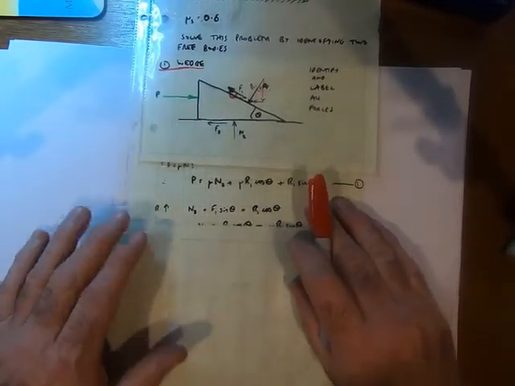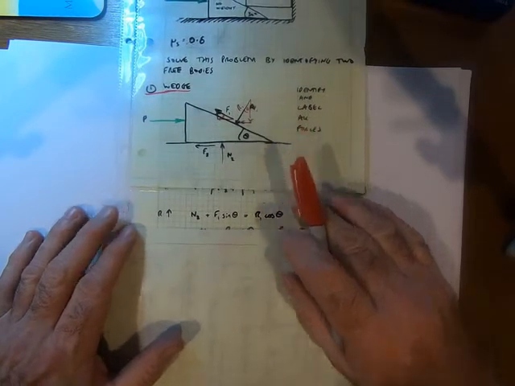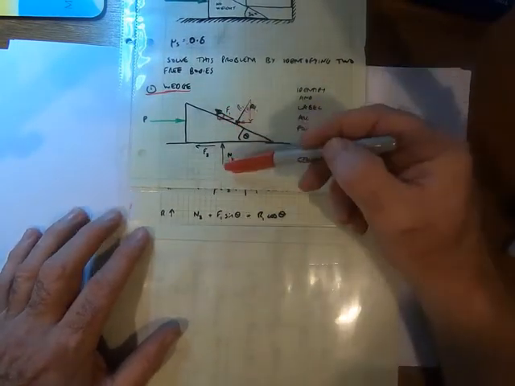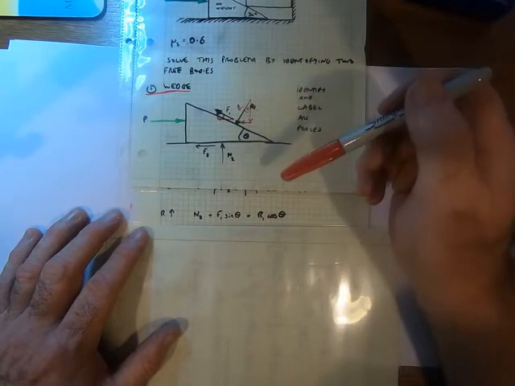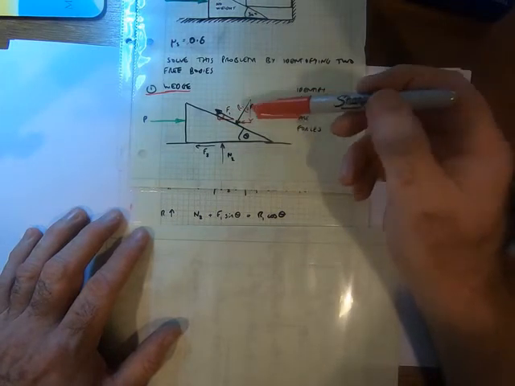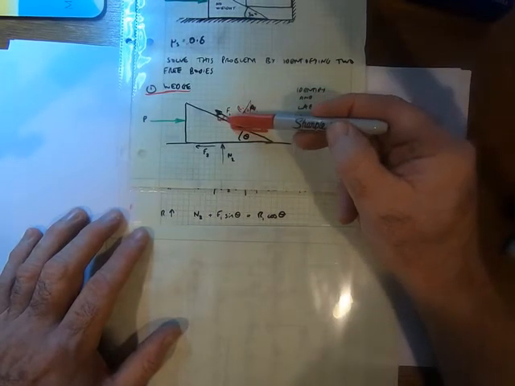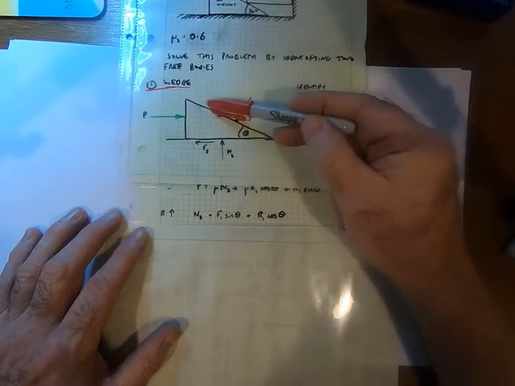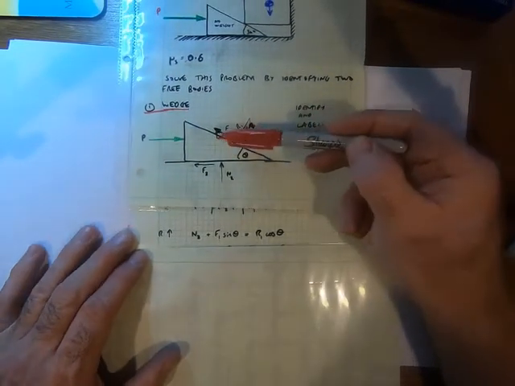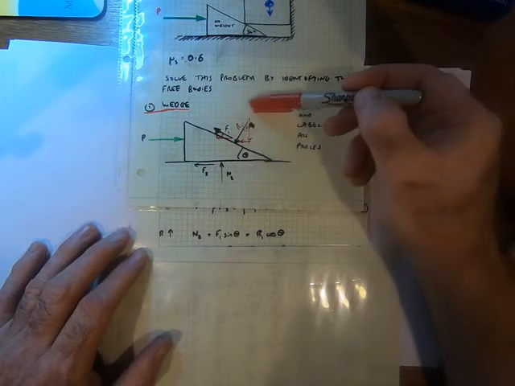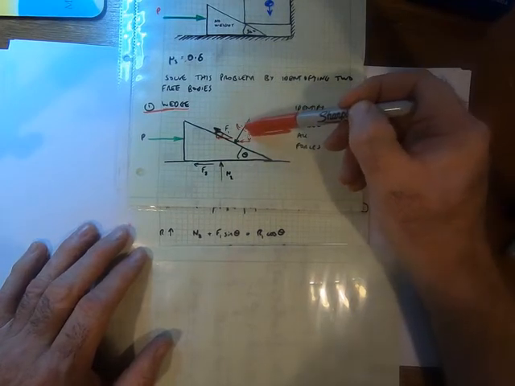So coming back here, resolving vertically now, I'm going to have my N2 acting up, plus a component of this F1. F1 times the sine of theta, that's also acting up, that component there. And that's equal to the forces acting down, which is R1 times cos theta.